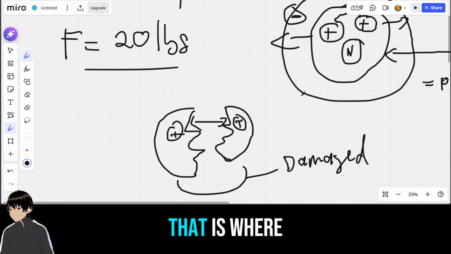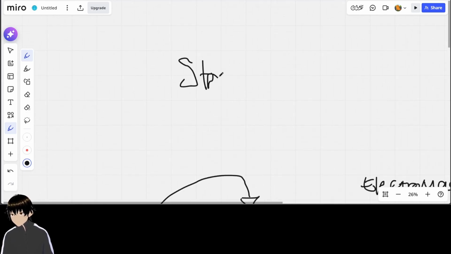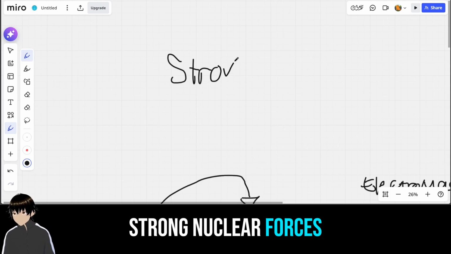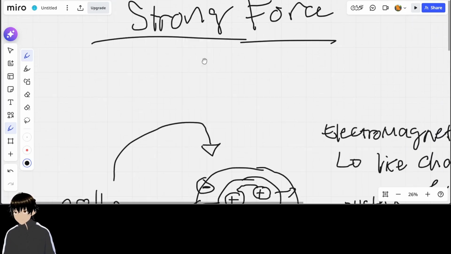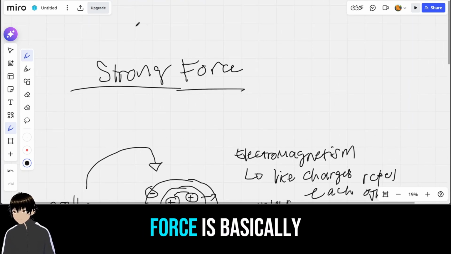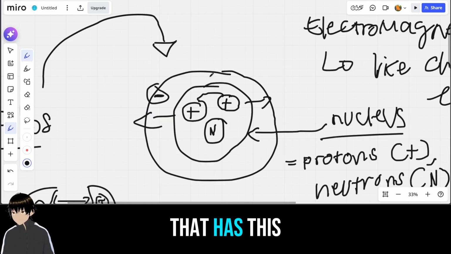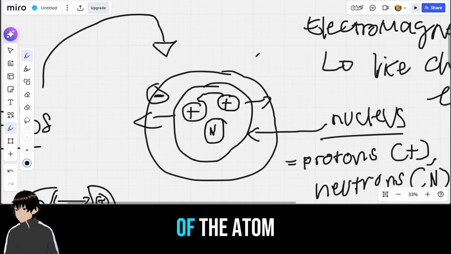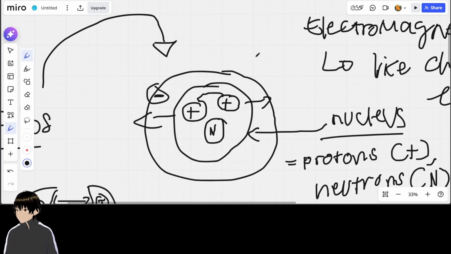Well, that is where strong nuclear forces come into play. The strong force is basically the force that stabilizes the entire state of the atom by stabilizing the nucleus.